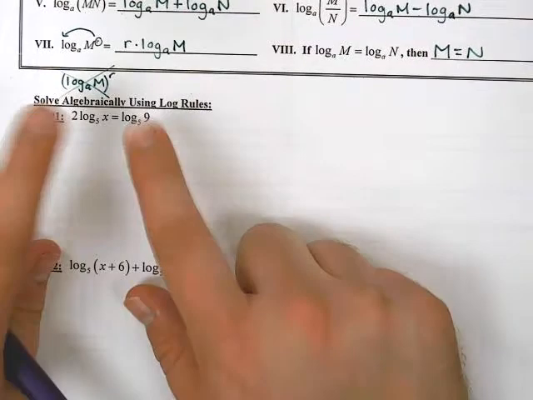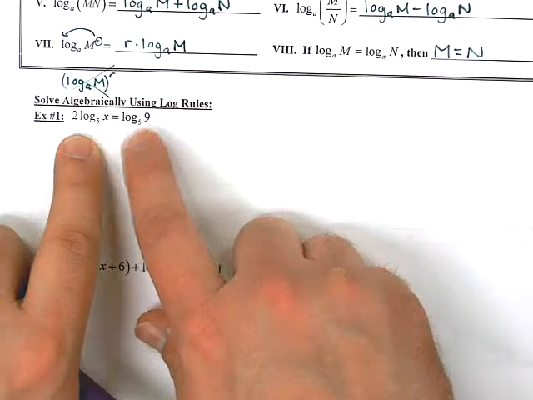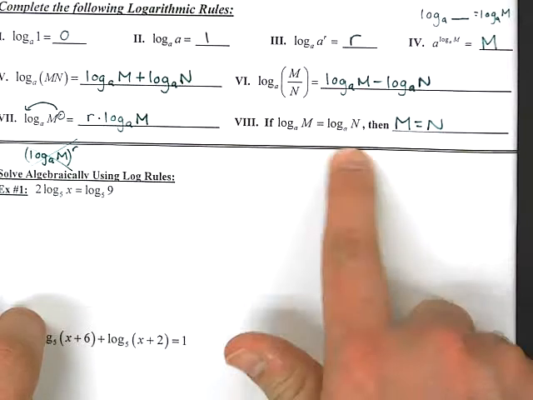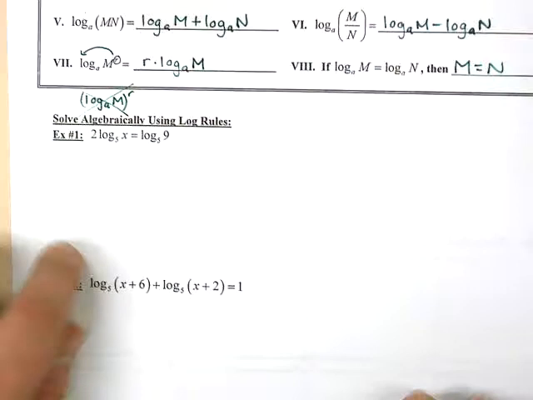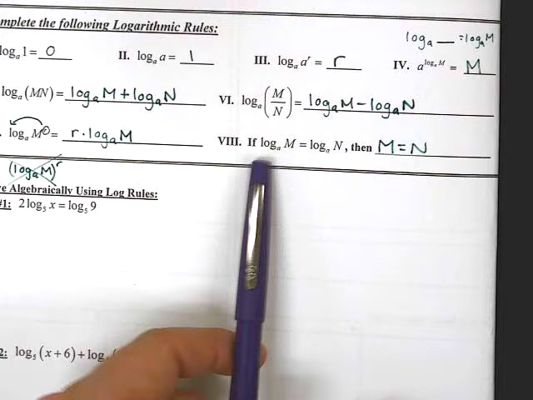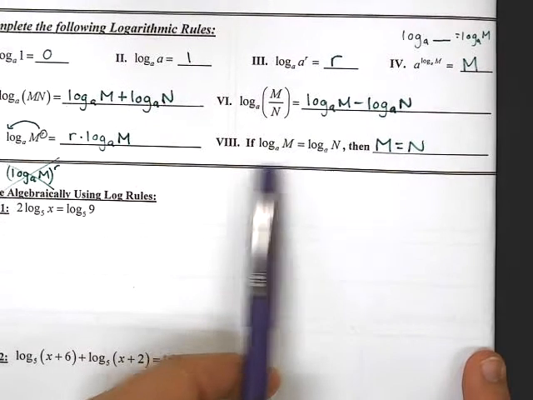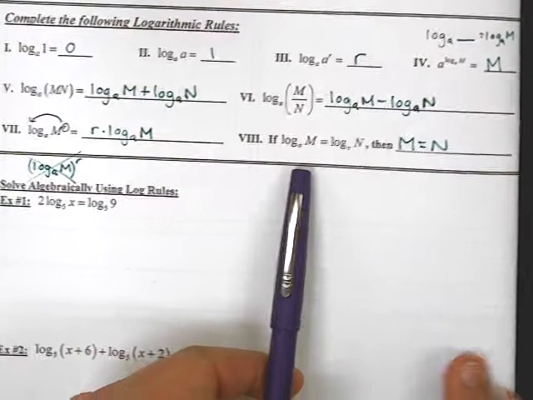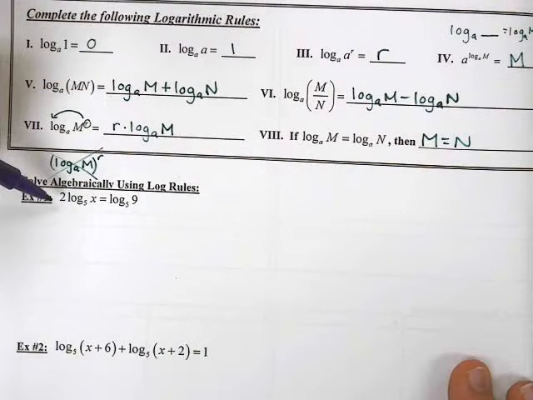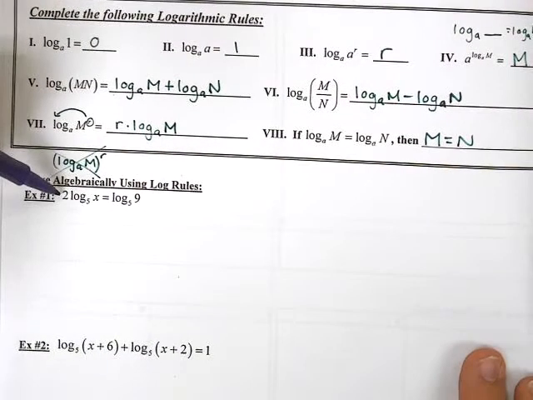Now, I see two logarithms on opposite sides of an equal sign, which means I'm probably going to want to use something like this. However, we cannot do this yet. If you notice, are there any coefficients on these logarithms? There are not, okay? So we cannot do anything with this yet, but we do know, what can we do with this 2?